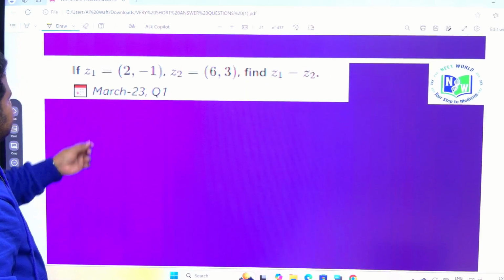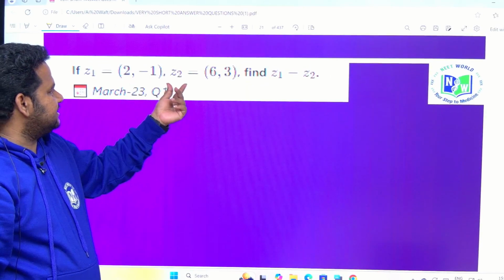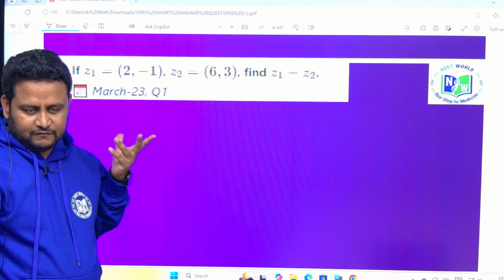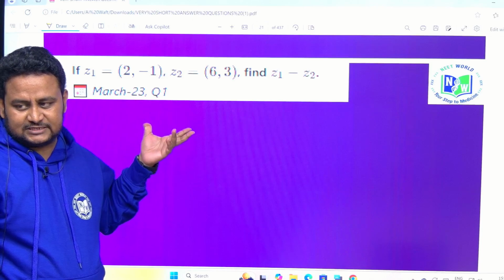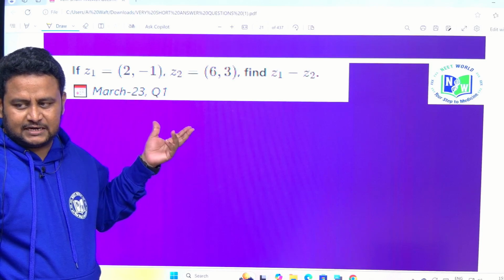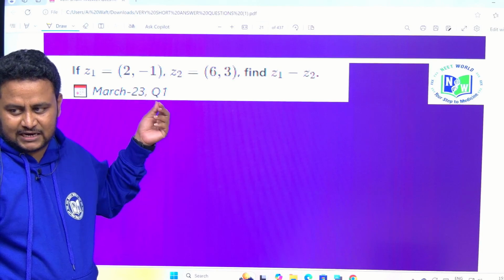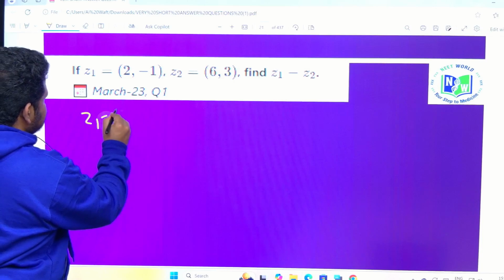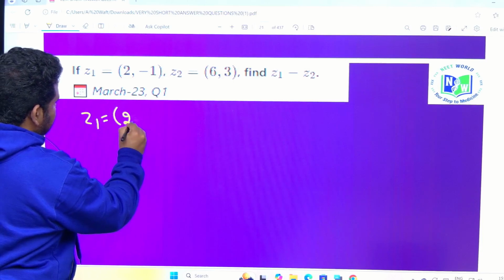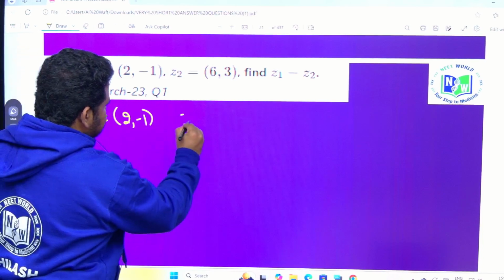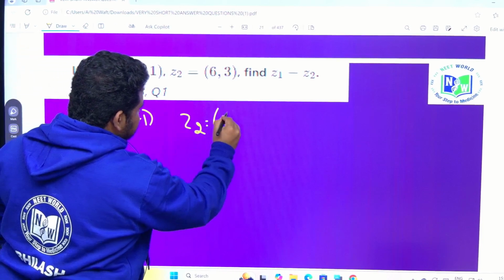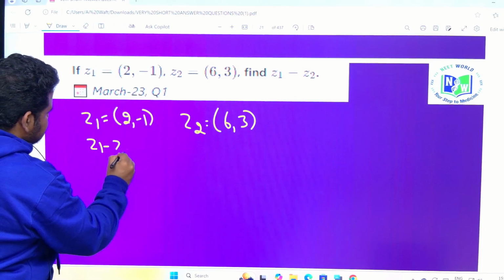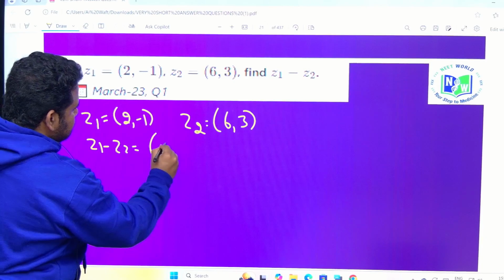Next question. Z1 minus Z2. Z1 is given as 2 comma 3, and Z2 is given as 6 comma 3. So, friends, Z1 minus Z2, I can write it as 2 minus 6 comma, 3 minus 3. Real part minus real part, imaginary part minus imaginary part.